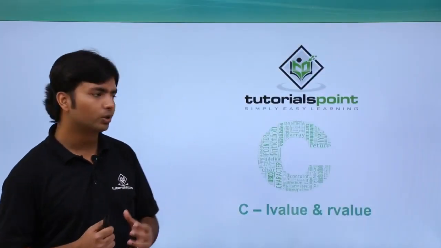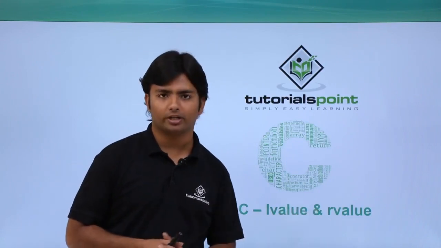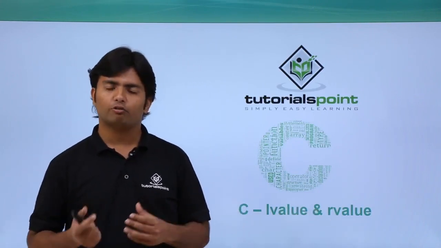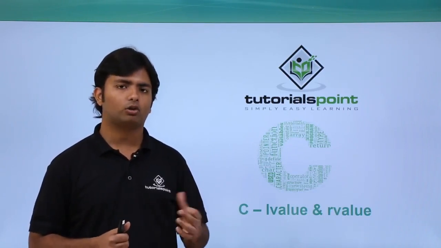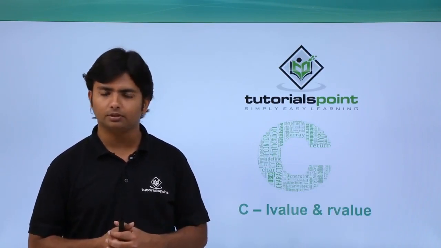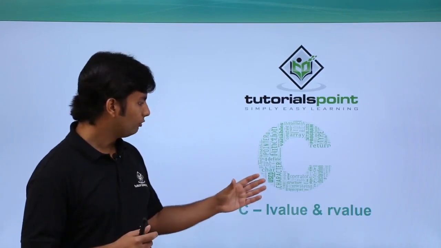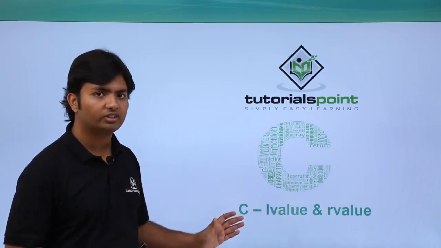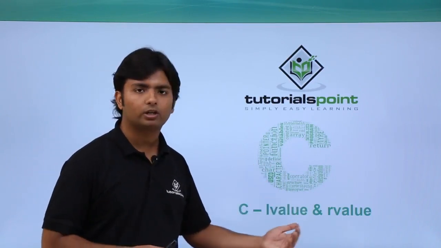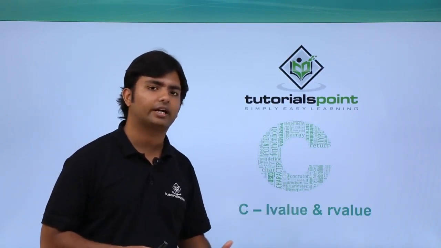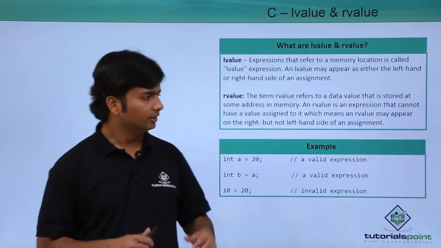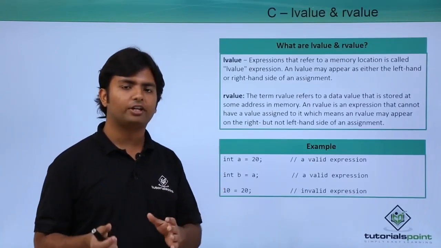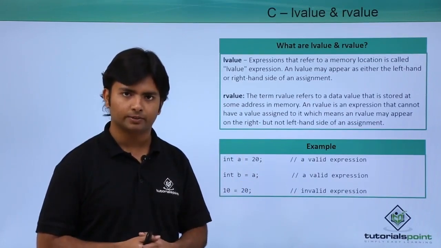We are going to have a look at Lvalue and Rvalue. Whenever we use the equals to operator for assigning a value to a constant or a variable, we should take care of the Lvalue, meaning the value on the left hand side, and the Rvalue, meaning the value on the right hand side. For a successful assignment we should put the variable on the left hand side.